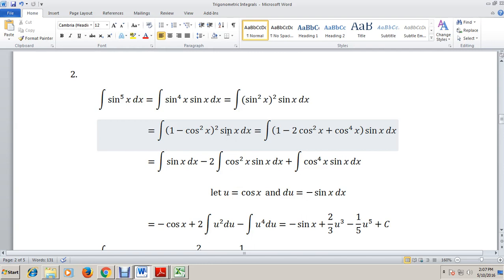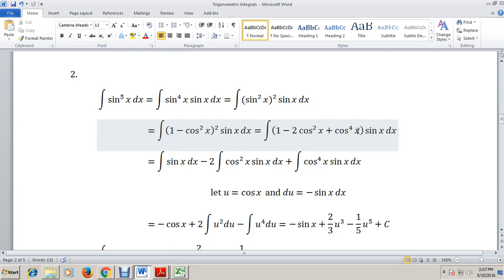Expanding first the binomial, 1 minus cosine squared x, gives us 1 minus 2 cosine squared x plus cosine raised to 4 x, then times sine x dx outside. Since we now have the expanded form of the integrand, the next step is to distribute the integral sign and sine x dx to each of the terms.